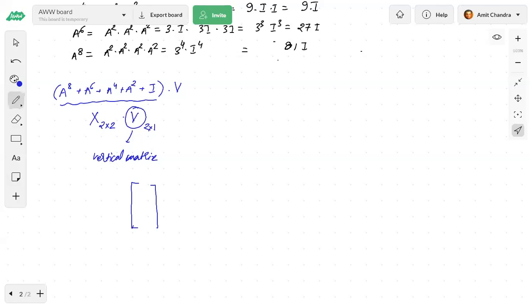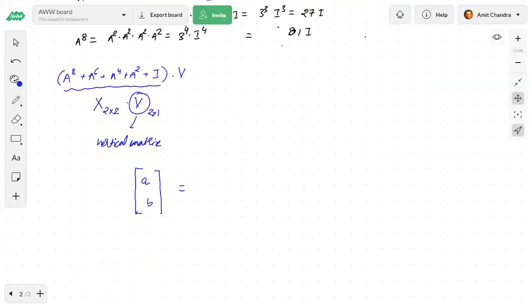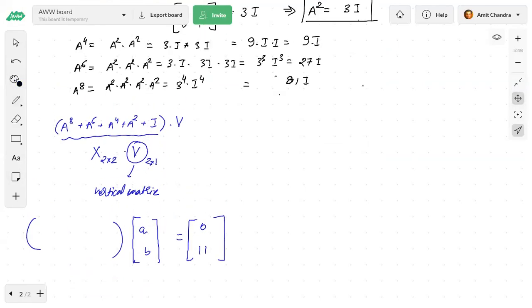So that means this matrix is multiplied by some matrix of this form, A and B, right? And this should give you the matrix 0, 0 and 11. Okay, now just try to find out what is on the left side. Left side we have already found everything in terms of the identity matrix. So let's calculate what is on the left side.